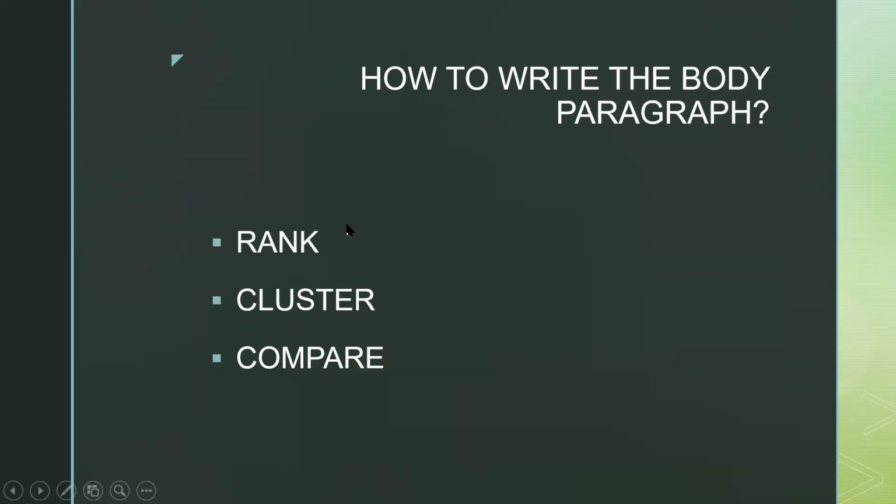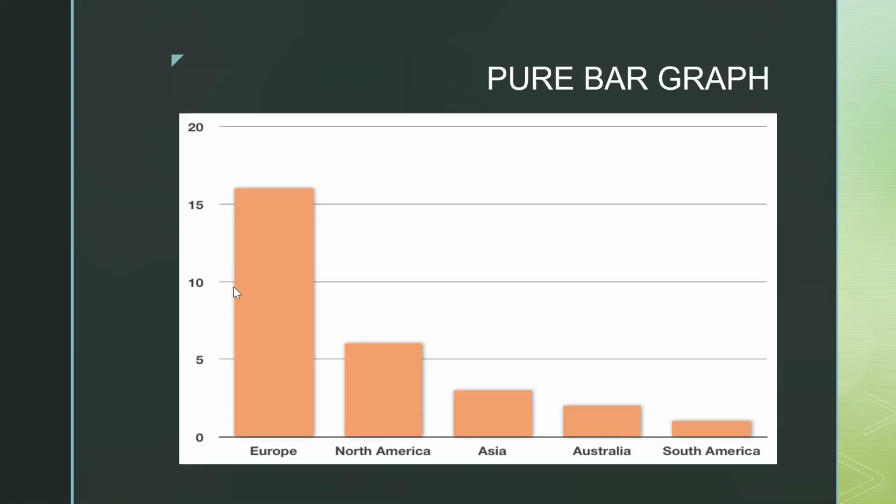Okay, so you have the rank and then you have the cluster. But this one is only good if you have a lot of details. If you have a lot of data, then you can cluster or group them. But if you have only a few data like this one, then there's no need for you to cluster, because if you cluster them, then you will most likely be underlength.